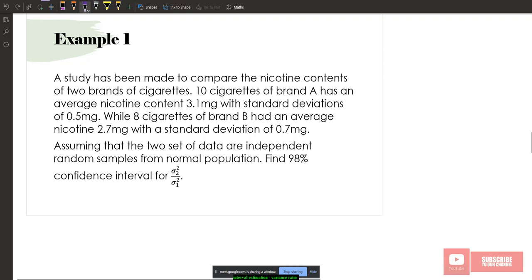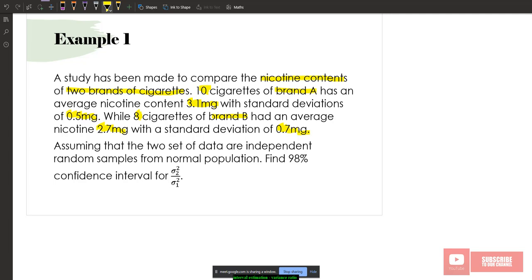This example, we actually already looked at in the previous chapter. We just revisit this example. A study has been made to compare the nicotine content of 2 brands of cigarette. 10 cigarettes of brand A have an average nicotine of 3.1 milligram with a standard deviation of 0.5 milligram, while 8 cigarettes of brand B have an average of 2.7 milligram with a standard deviation of 0.7 milligram.